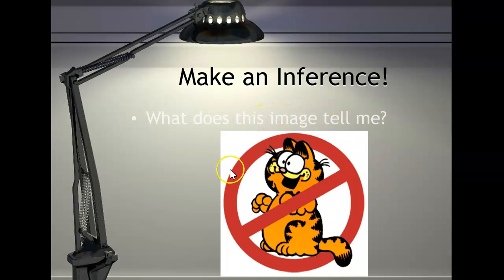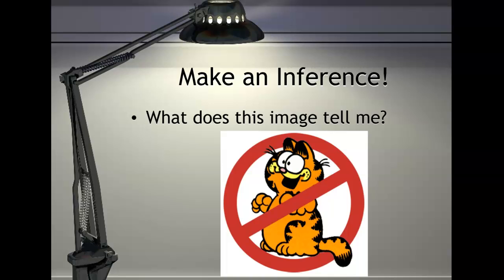So if there's a red symbol that means stop, that must mean no Garfield or no cats allowed in here. The image is telling me that there's no Garfield allowed in here, or no cats allowed.